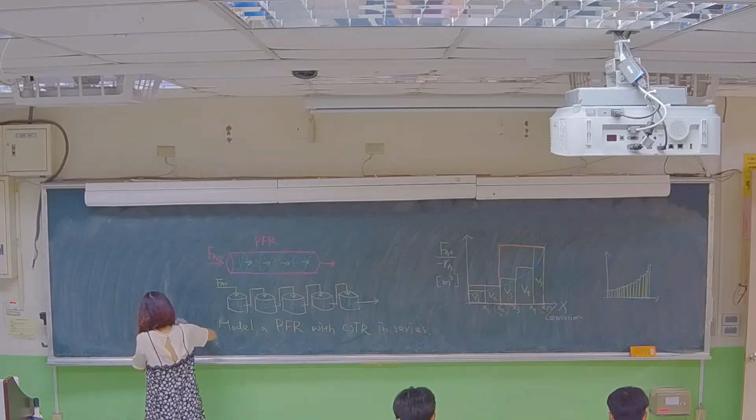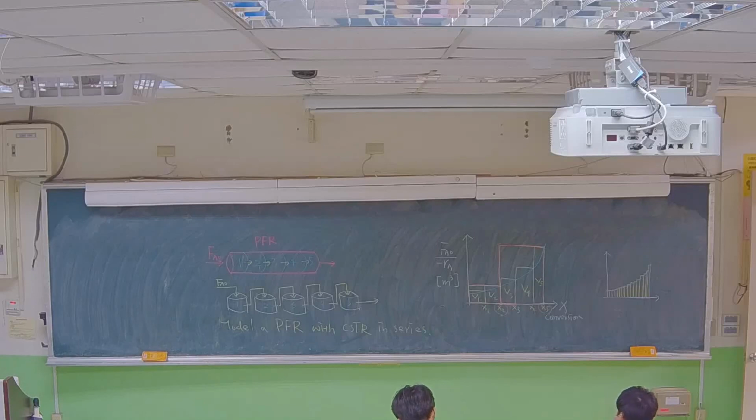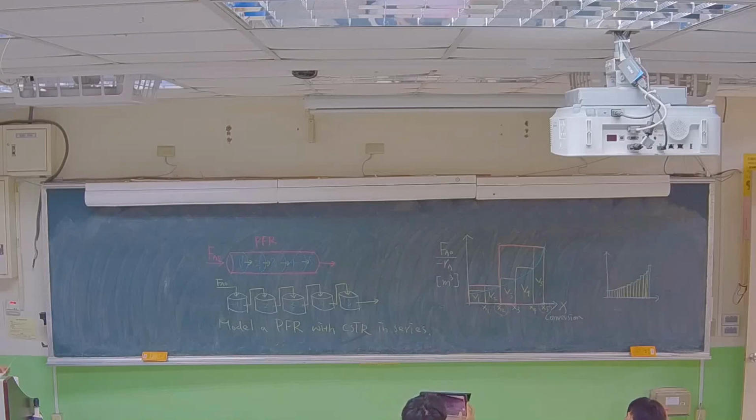So there is a balance between the number of reactors and the total volume of reactors. You should think about what the balance is and decide how many reactors connected in series is better for your system.